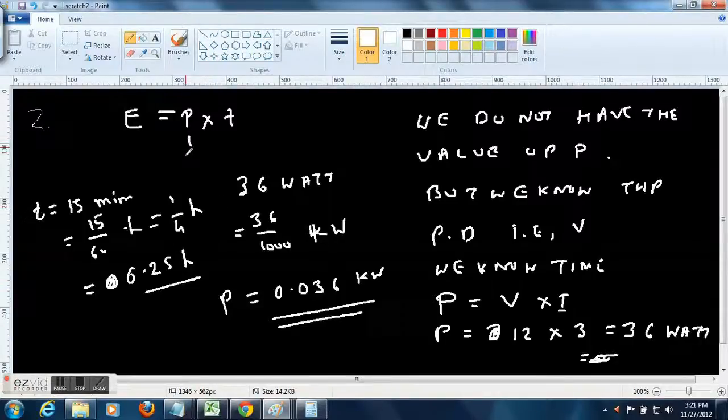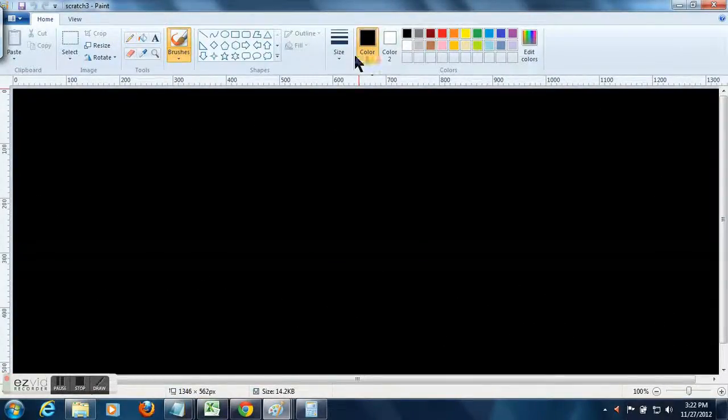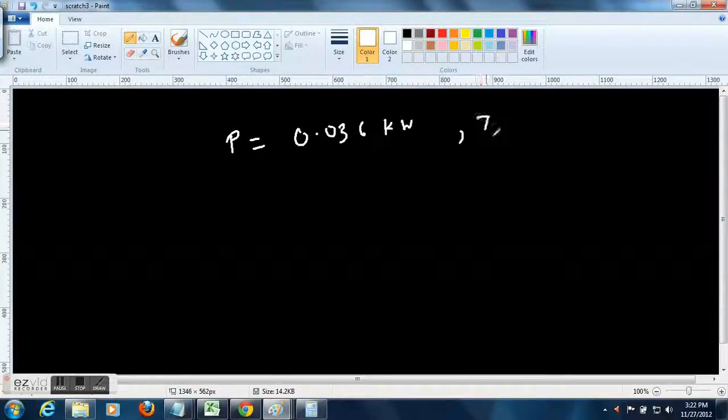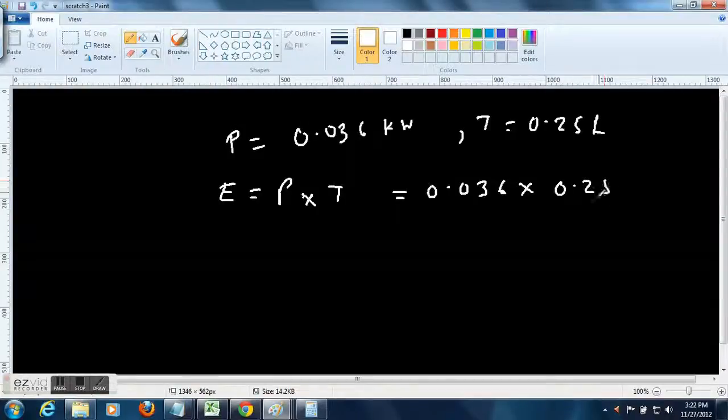Now we can easily calculate the energy in kilowatt hour from the formula E equal to P multiplied by T. P equal to 0.036 kilowatt, T equal to 0.25 hour. Therefore E equal to P multiplied by T, which is 0.036 multiplied by 0.25.